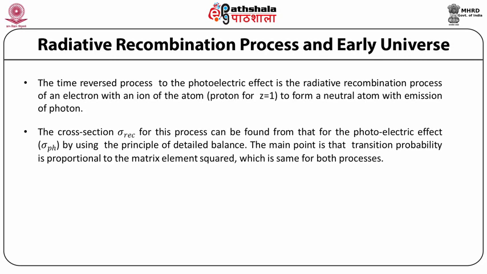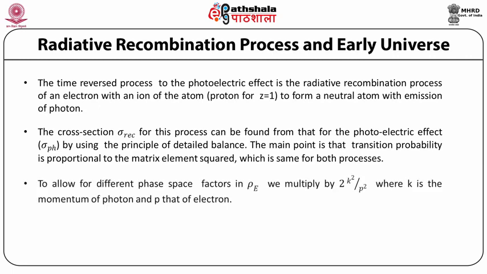The main point is that the transition probability is proportional to the matrix element squared, which is the same for both processes. To allow for different phase space factors in the density of states rho e, we multiply by 2 into k squared divided by p squared, where k is the momentum of the photon and p that of the electron.